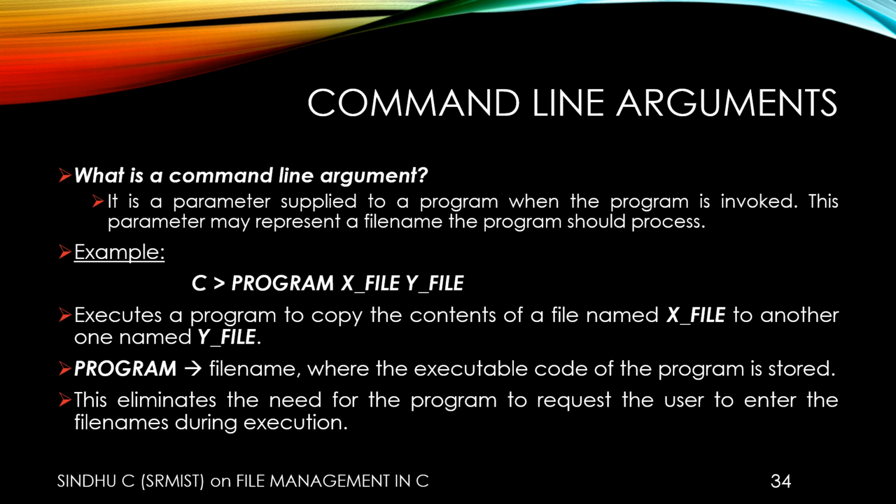This executes a program to copy the contents of a file named xfile to another one named yfile. Here program is a file name where the executable code of the program is stored. This eliminates the need for the program to request the user to enter the file names during execution.